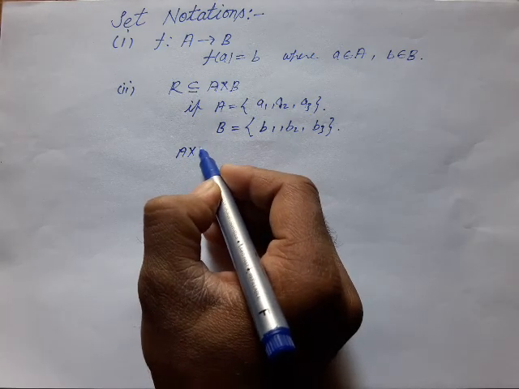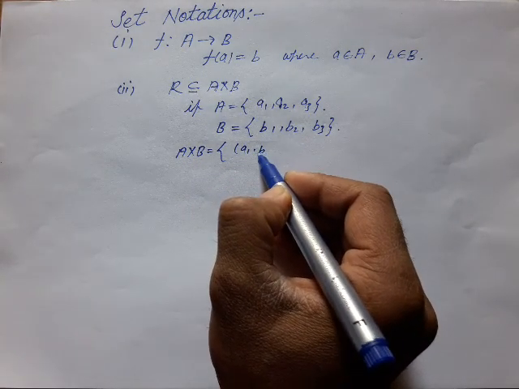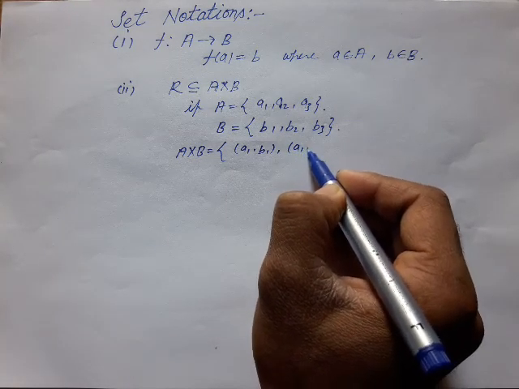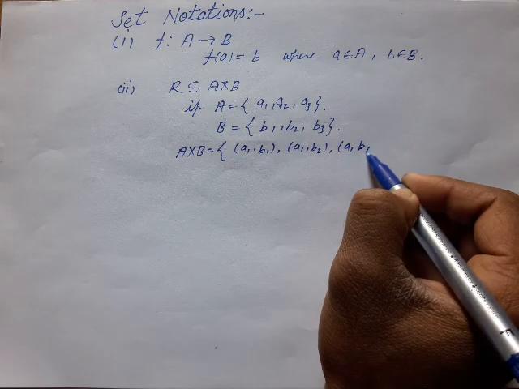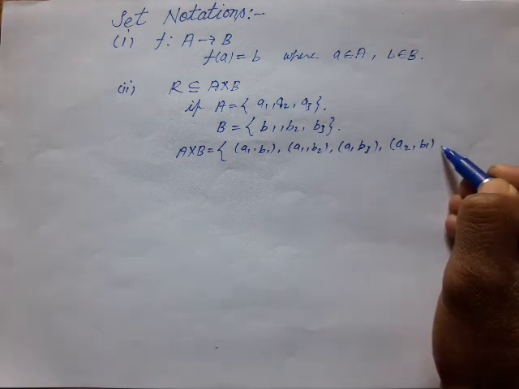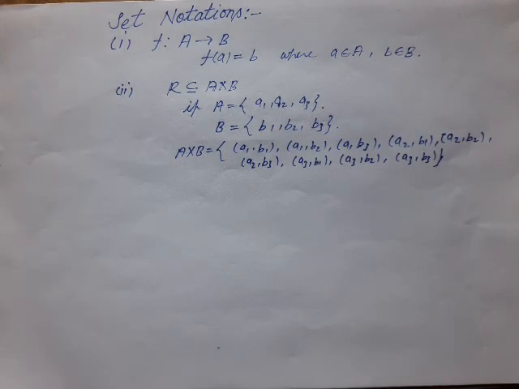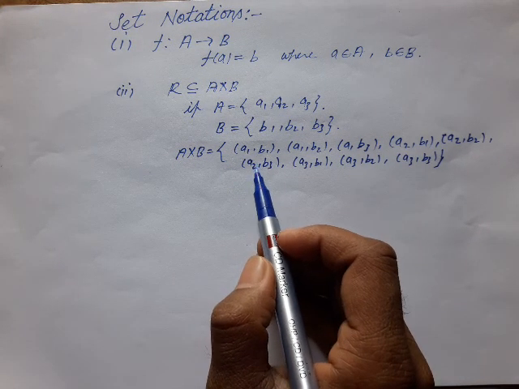Then we have to find A cross B, which equals (a1, b1), (a1, b2), (a1, b3), (a2, b1), and so on. So we find the ordered pairs of A cross B.